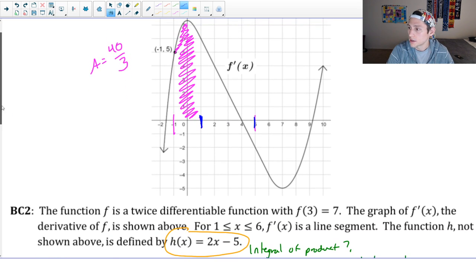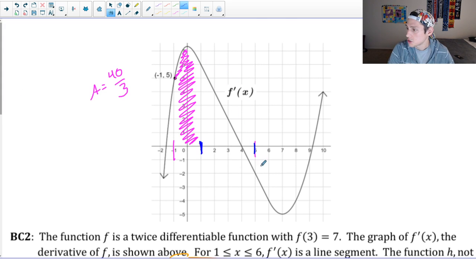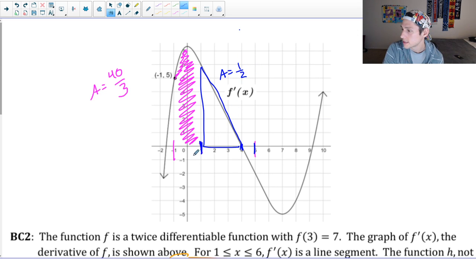All right, well, I've got good news. Remember, this is a line segment. This is a straight line. So what that means is we can easily calculate this area and this tiny area down here because they're just triangles. So let's first go from here to here. So this area, 1/2 base times height, so that's 4 times 6.